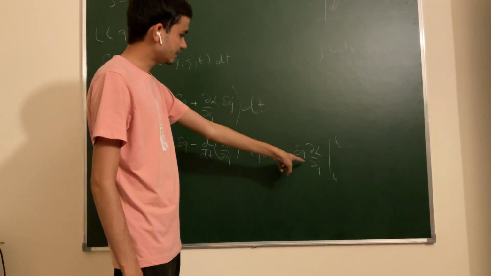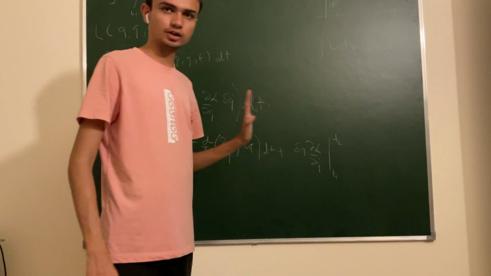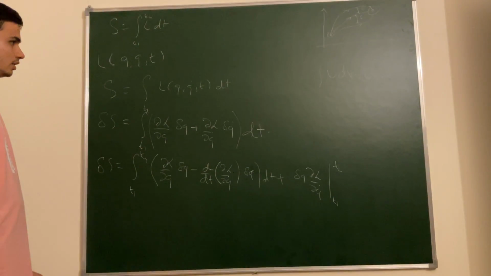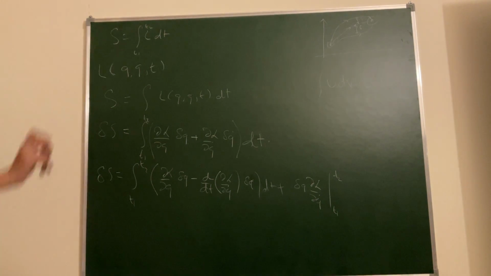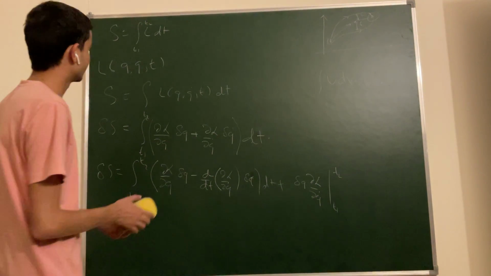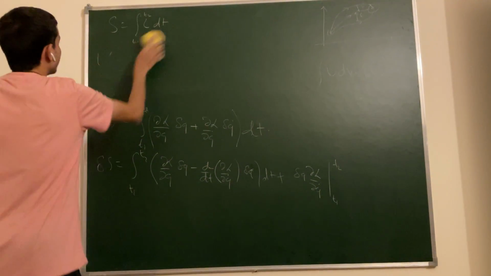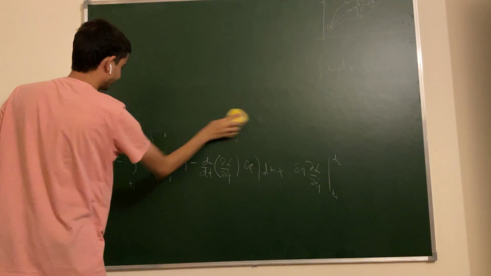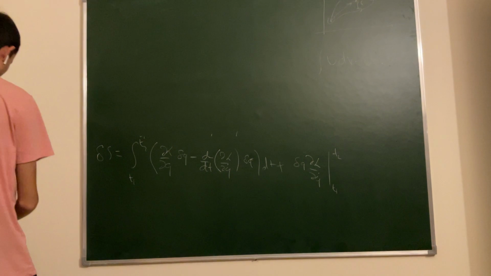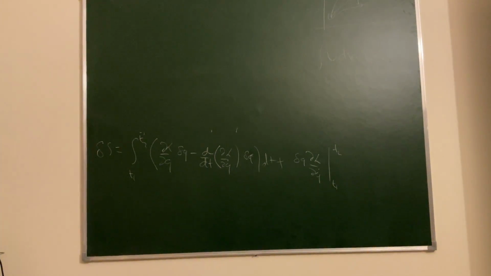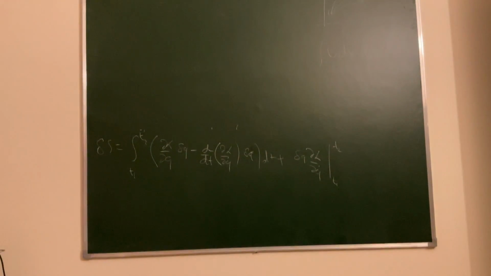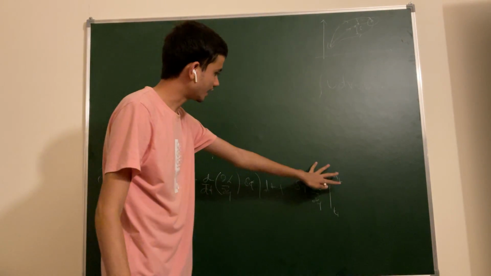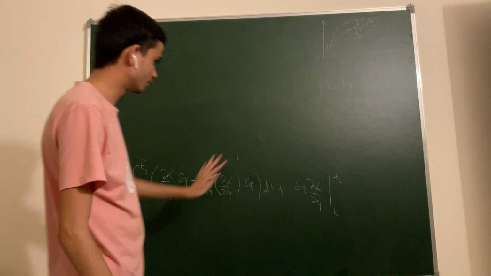Now what we have demanded is that delta Q at T1 and T2 goes to 0. So let me raise it a little bit and put these things in a little more spaced manner. Okay, so we have this thing over here. Now at T1 and T2 your delta Q goes to 0.